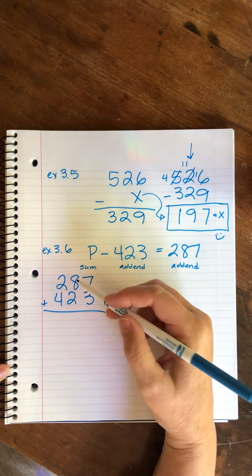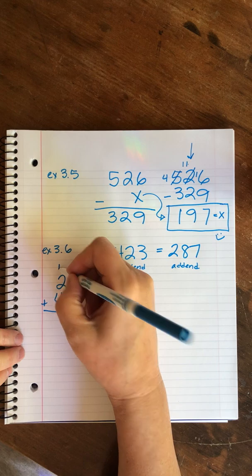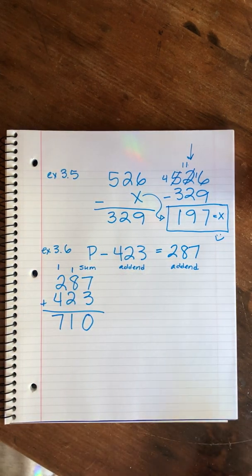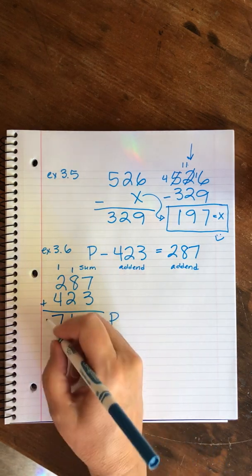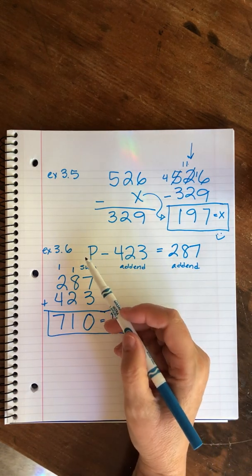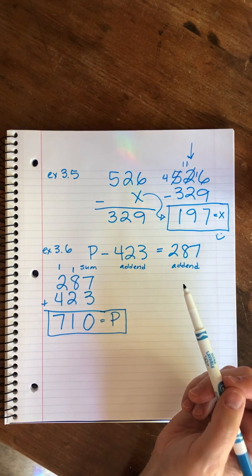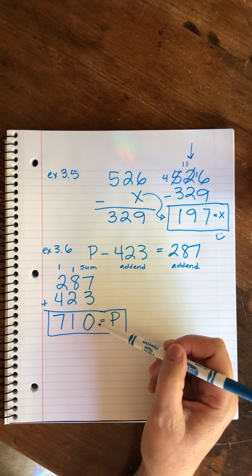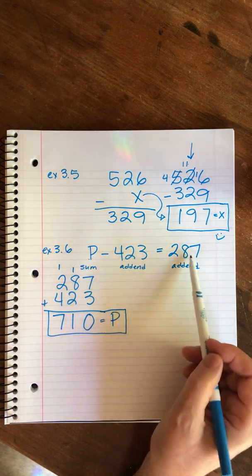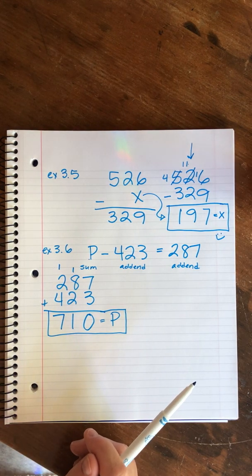Okay, so if I add these two together, I find out that 710 is the sum of those two addends, and that would go here as the minuend of this subtraction problem. Ew. I don't like that word. But as long as you understand that we've got a big piece and then we've got little pieces and we're rearranging them in all these different ways, then you understand this whole process.